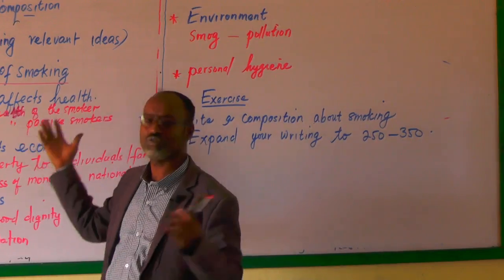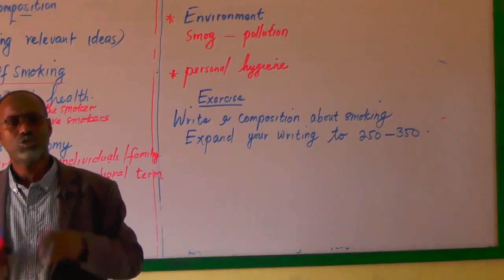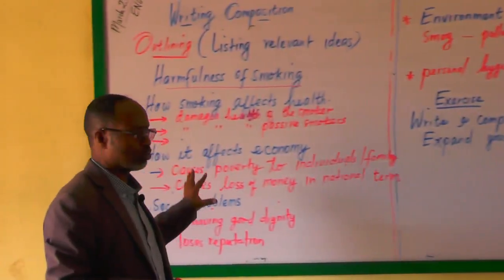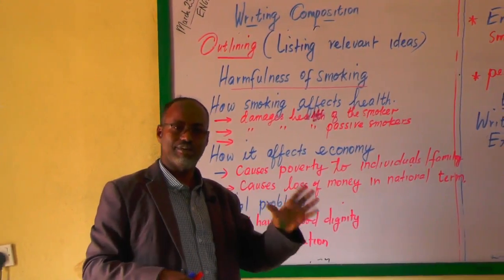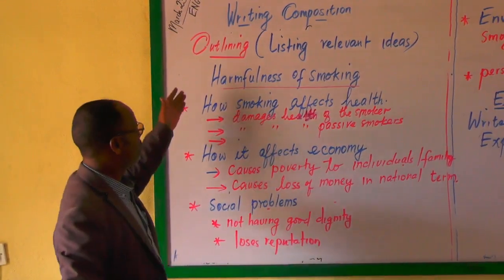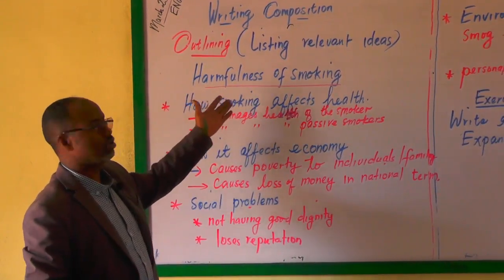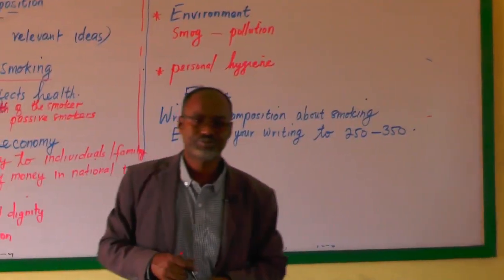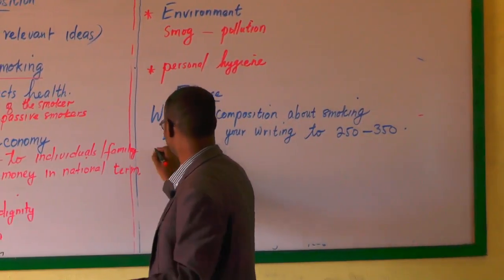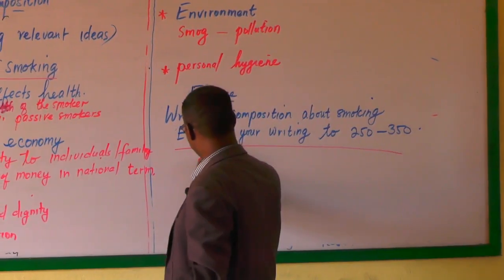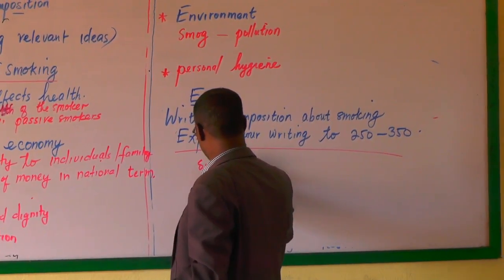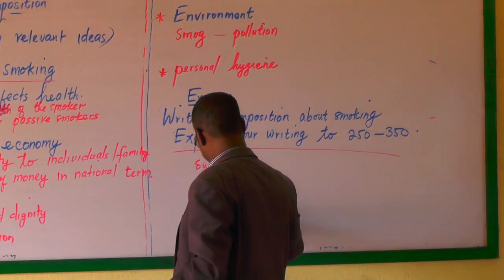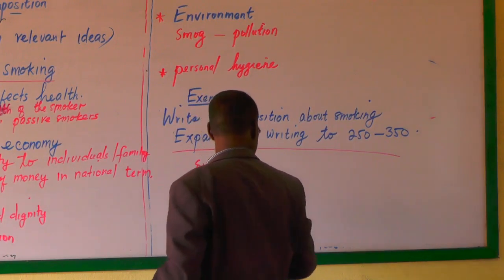What vocabulary is needed? What vocabulary do I need to write a very good composition? For example, we are talking about the harm of smoking. You can use a lot of words, for example, suffer, cause, damage, live.